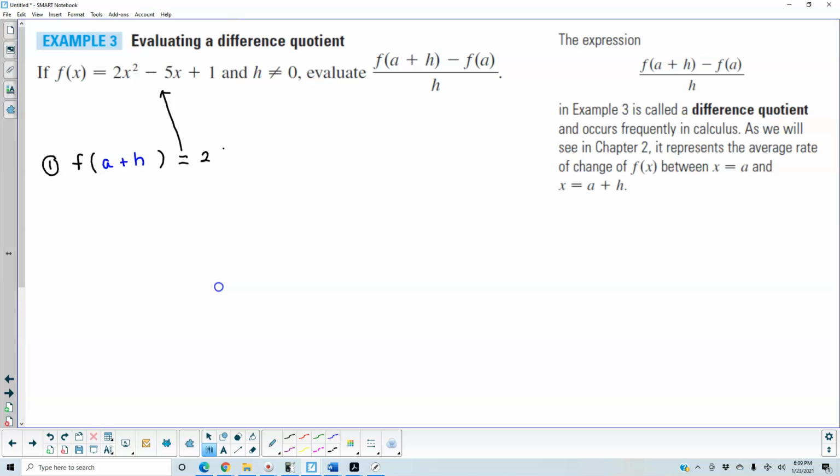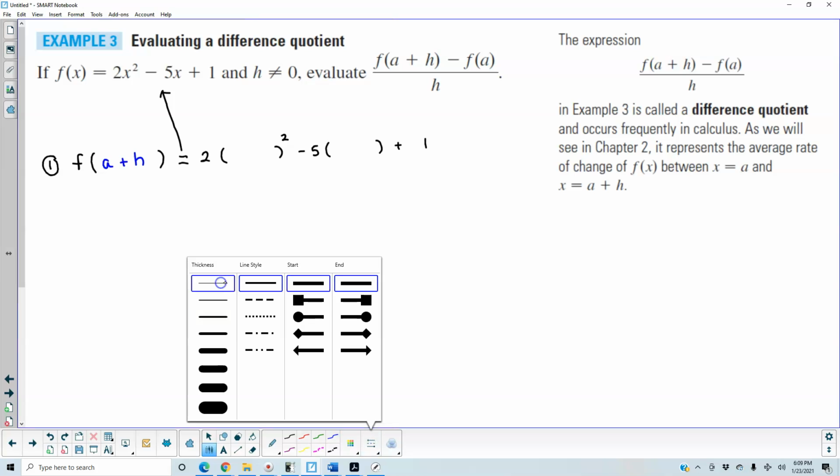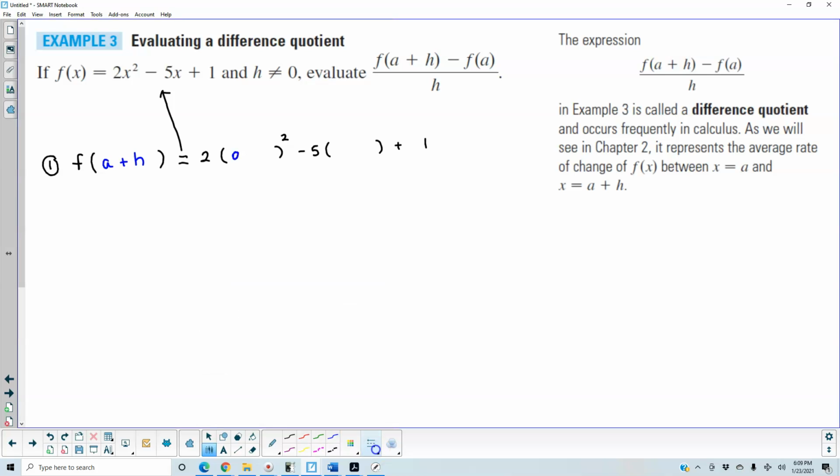So it's going to be 2 times a plus h squared minus 5 times a plus h plus 1. Now I haven't put the parentheses in there because I want to make sure I'm using the colors here. So we have a plus h squared and then a plus h. So let's go ahead and evaluate this.